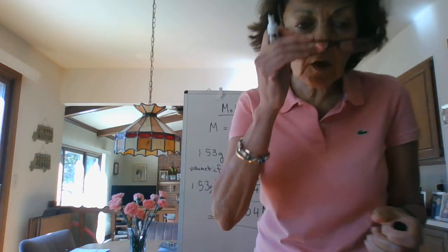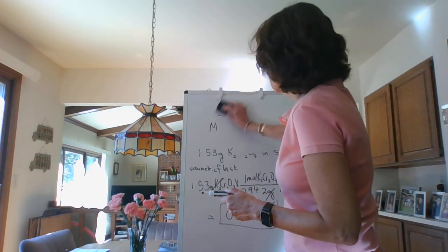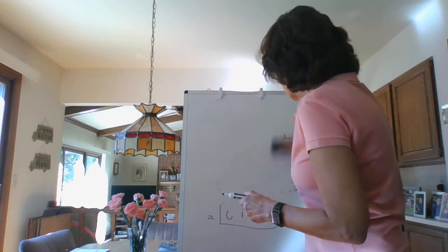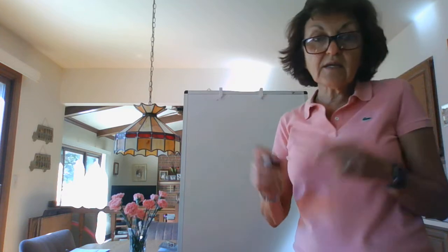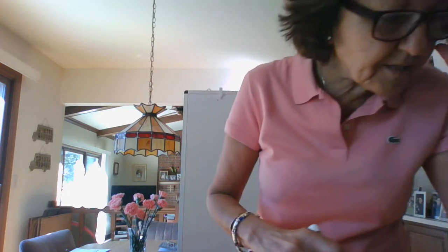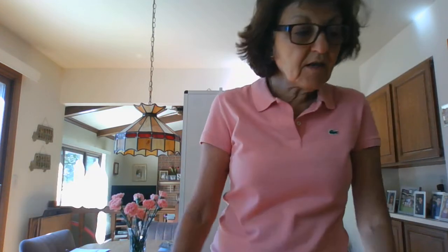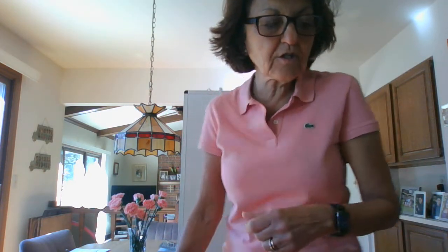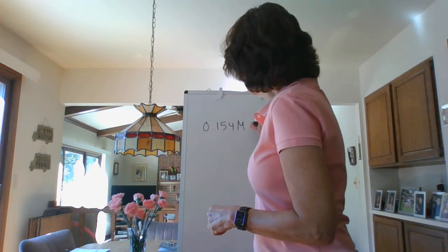Easy enough. Okay, so now let's learn how to use molarity as a conversion factor. And I always tell students, if you are given molarity in a problem, immediately put units on it of moles per liter. Okay, so for this next problem here, they're telling you that when you go to the hospital and you have an IV, you are given that physiological saline. That physiological saline is 0.154 molar sodium chloride.